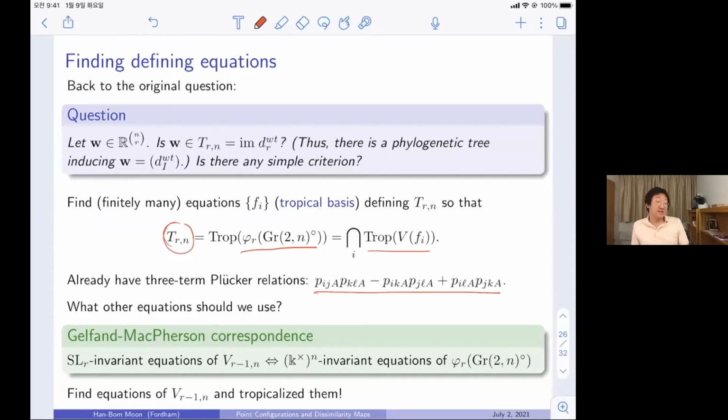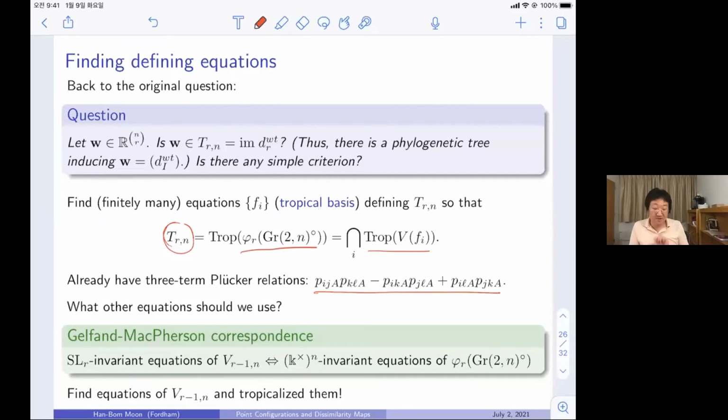Okay. Then the reason why the Gelfand-MacPherson correspondence observation is really important and interesting is the following. V_{r-1}^n is an SL_r invariant variety by definition. On the other hand, the image of Grassmannian G_2^n is torus invariant.